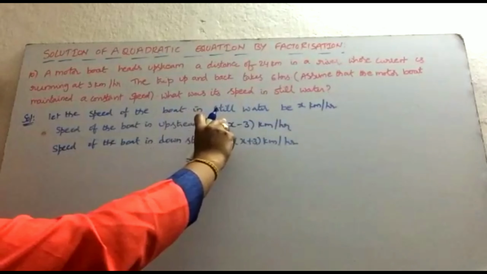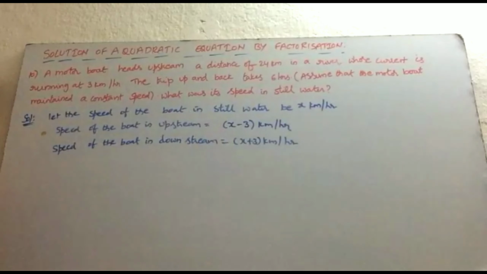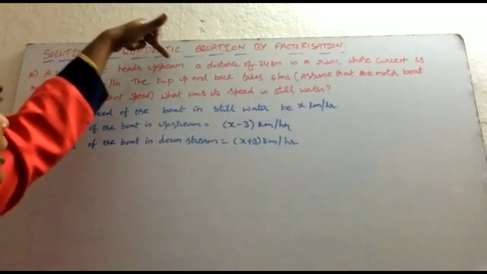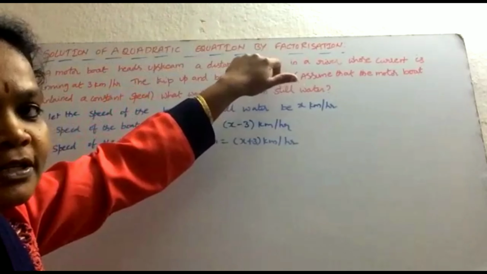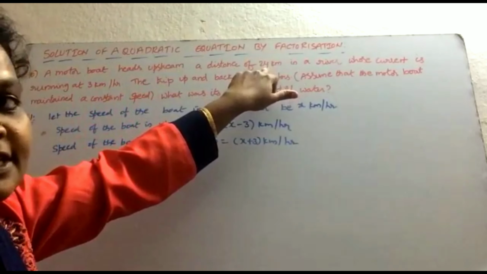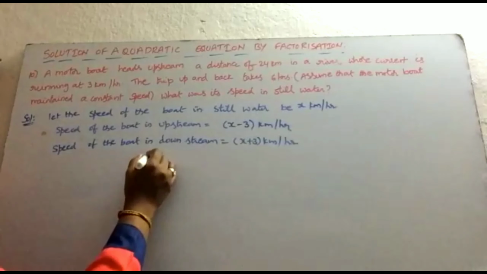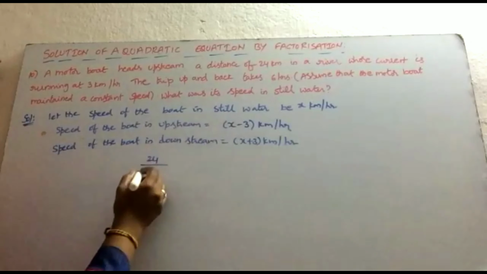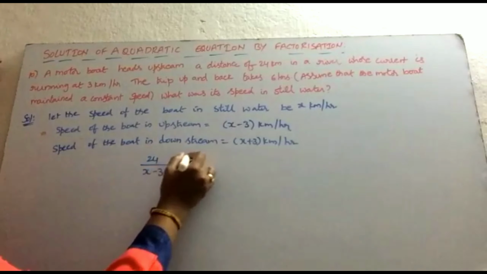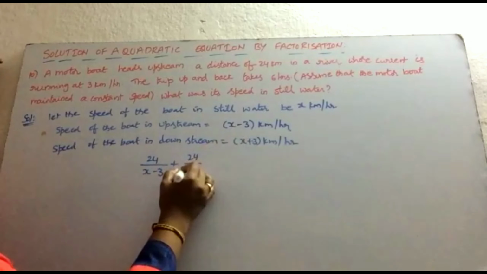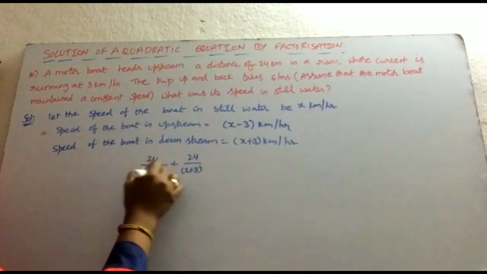A motorboat heads upstream a distance of 24 kilometers. So what is the distance? Distance is 24 kilometers. So 24 kilometers by upstream x minus 3 plus 24 kilometers downstream x plus 3.